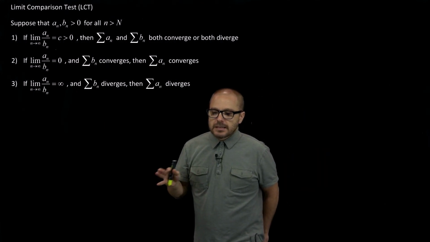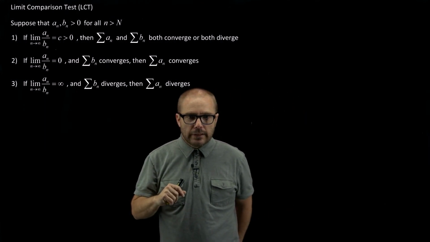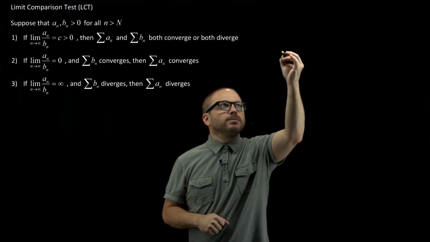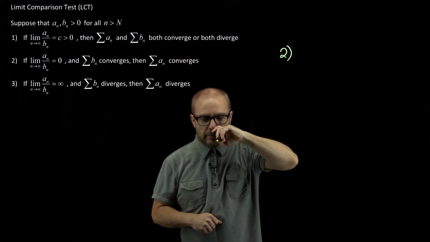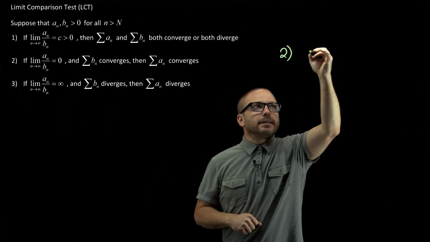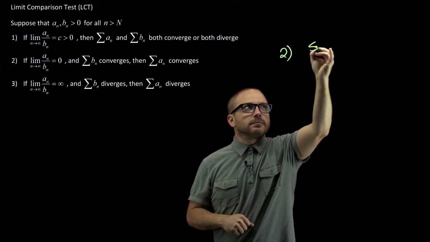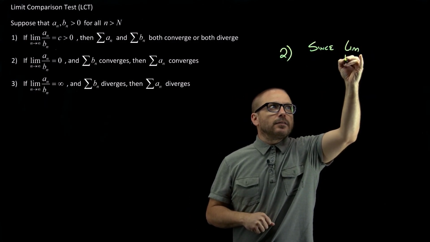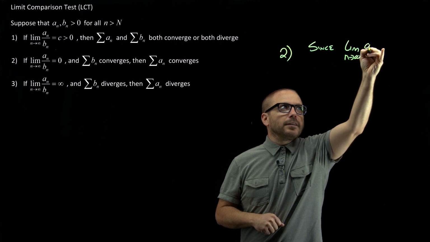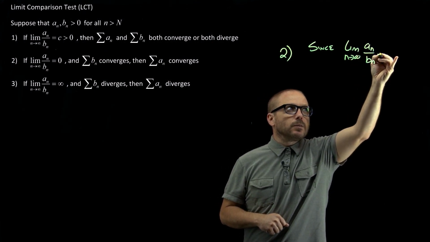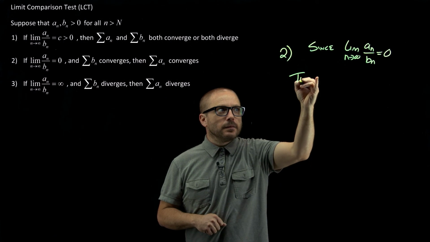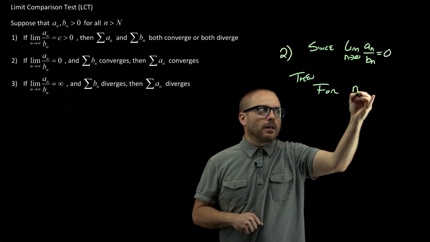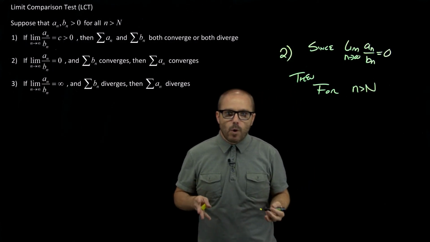So let's see the argument for 2 and 3. It's really straightforward. For 2, we know that the limit as n goes to infinity of our a_n's over our b_n's equals 0, then eventually, so there's going to become a point.